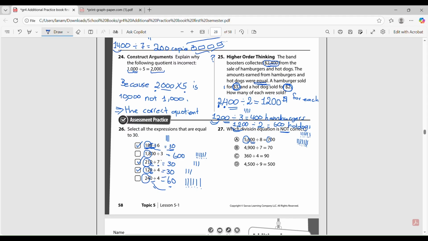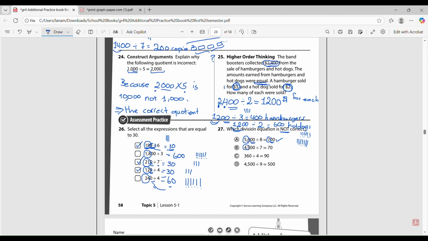Okay. 2 zeros, 2 zeros. So yes, this is correct, but it's not the answer of the question. Now, because here, which one is not correct? So I just put a tick here on the side to show that this is correct, because I'm looking for the equation that's incorrect.